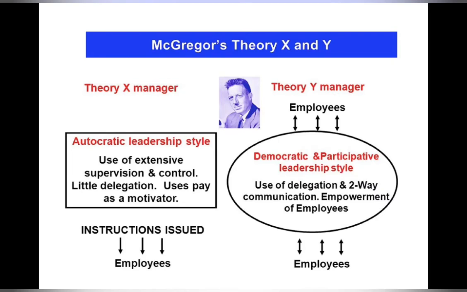While Theory Y managers use a democratic and participative leadership style. So they have delegation of work, two-way communication, listening to the employee, and they should empower the employees also. That is how the strategy should be used in order to motivate Theory Y kind of employees.